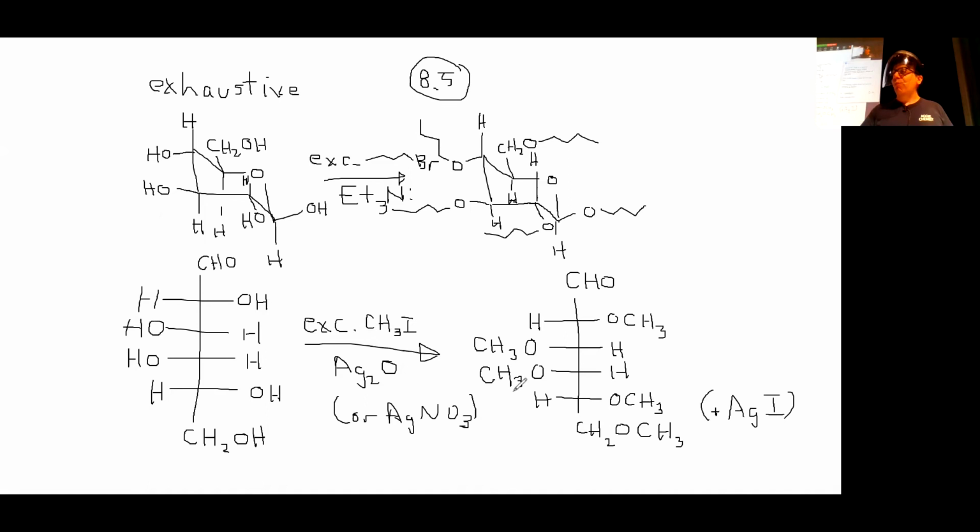And so that crashes out of solution. You get this brilliant yellow or orange silver 1 salt, and that drives the reaction forward. That gives these OHs the means to react with methyl iodide, since you're pulling the iodide out. And that again drives the reaction forward by Le Chatelier's principle.